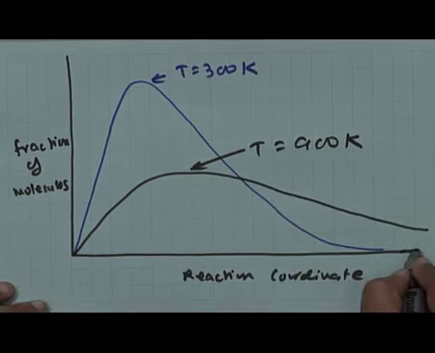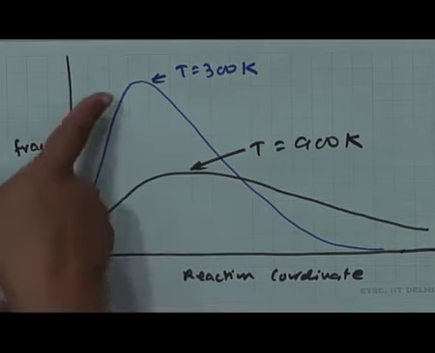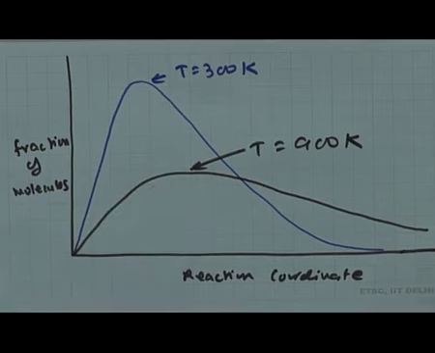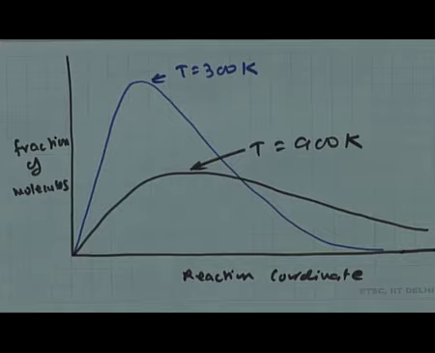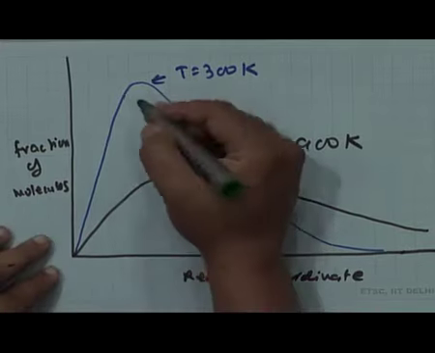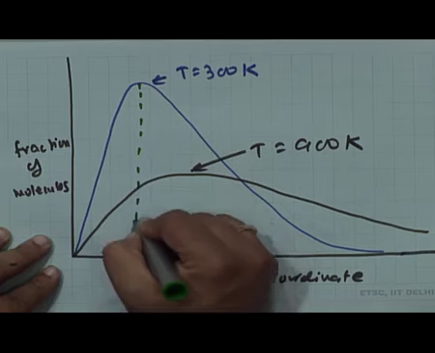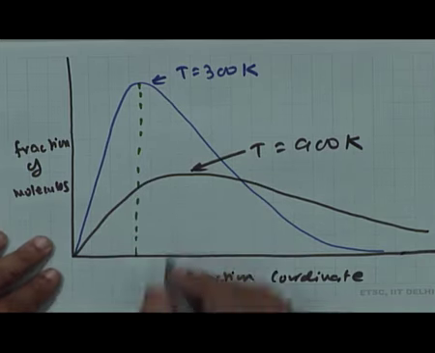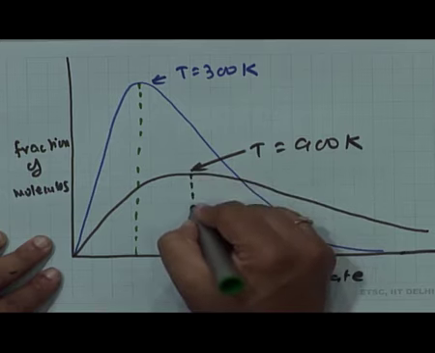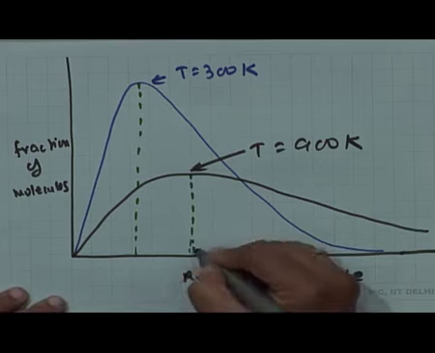Now, what has happened? Two things. One is that from here to here, when I change the temperature, the distribution has become very broad. Not only that, my peak, the most probable value peak which was here, has actually gone to somewhere else.